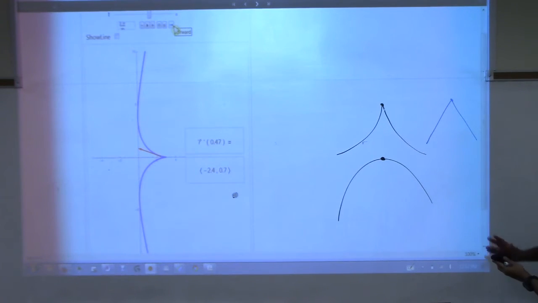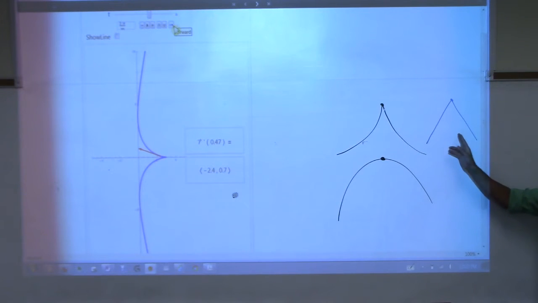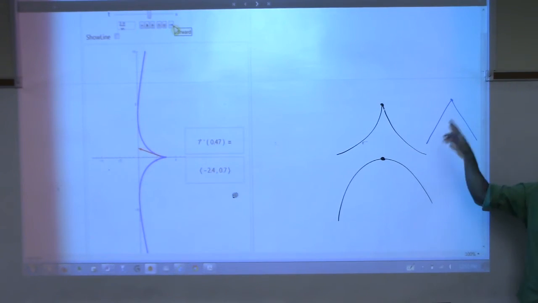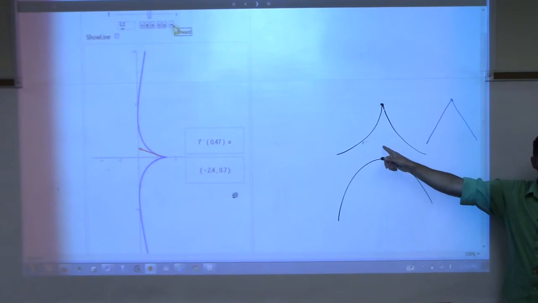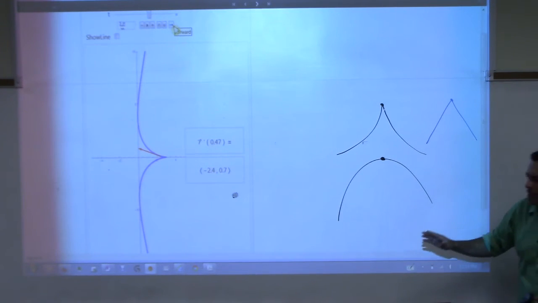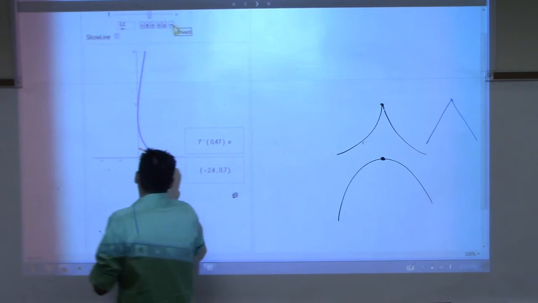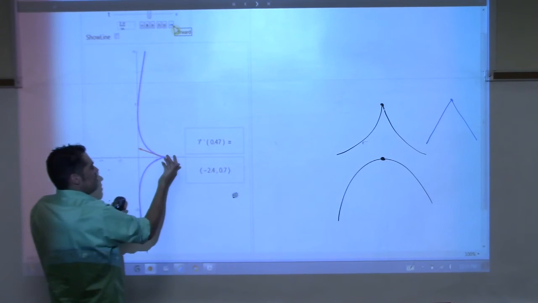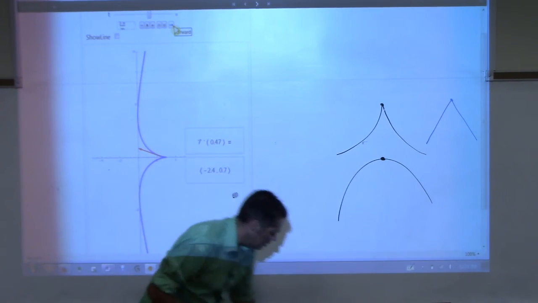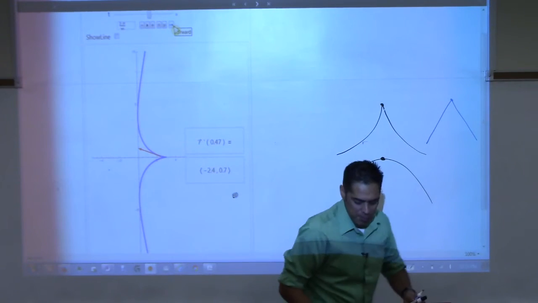And we would say that we had some sort of problem, that it's not smooth there. We have the corner. The derivative didn't exist here. Do you remember that in Cal 1? Derivatives don't exist at corners or cusps. We have something similar happening here. Our tangent vector is wanting to point in that direction. All of a sudden, it's pointing in the other direction. So we have a lack of smoothness there.